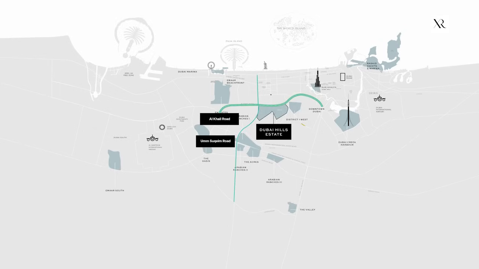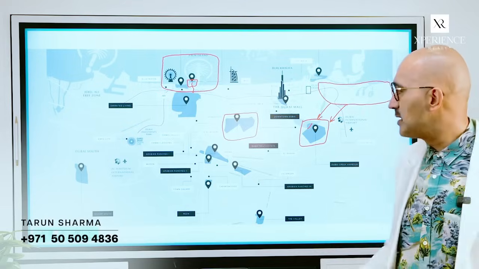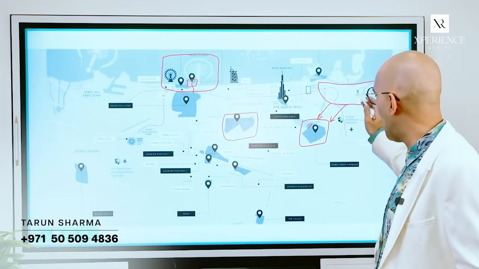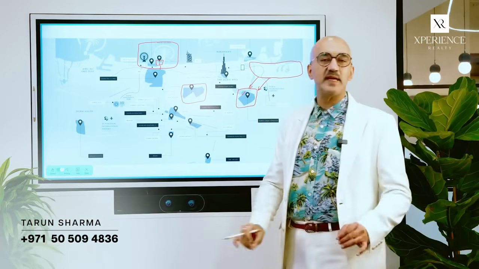Now, Al Khail Road, as we all know, is the second busiest road in Dubai, which connects you to downtown, even takes you until the airport. And Suqaim Street, which we see right here, is also very significant.